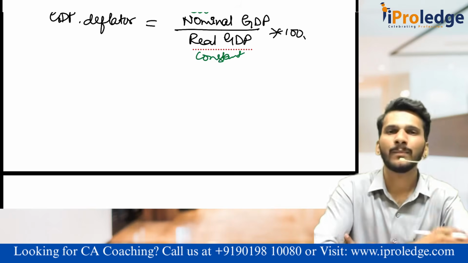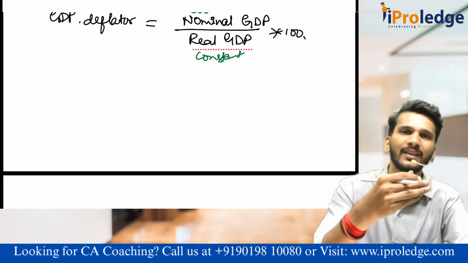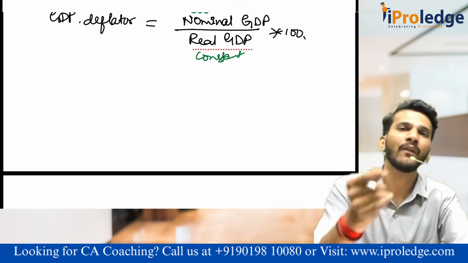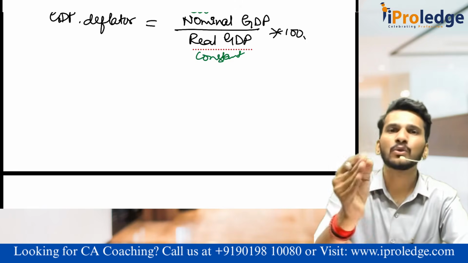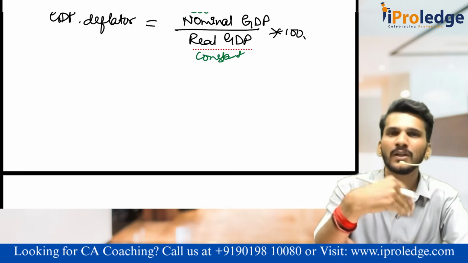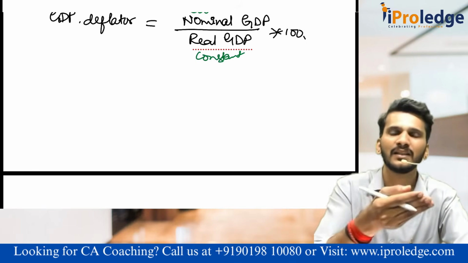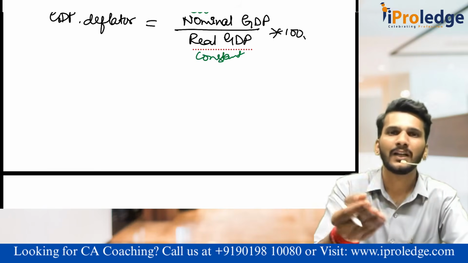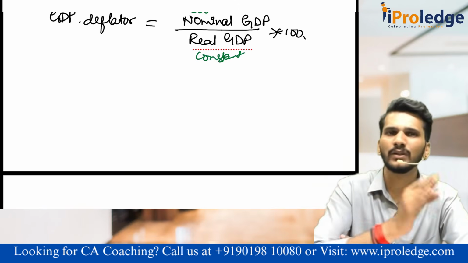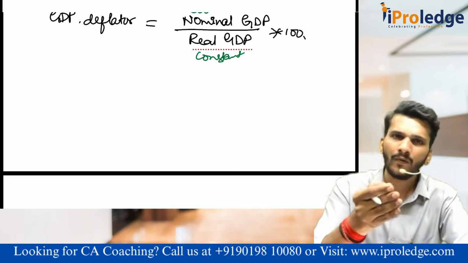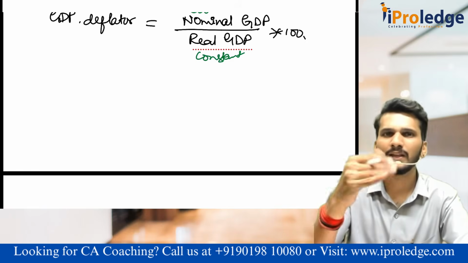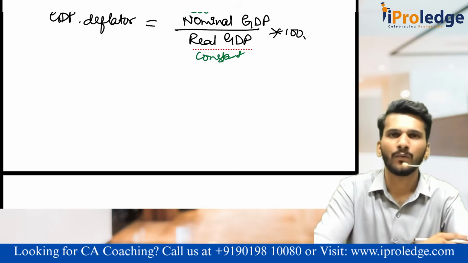Why does GDP not represent the true welfare of a country? Because it excludes so many transfer payments, self-consumption, those things. Limitations and challenges are, as I discussed, hidden goods, black market, black money, hawala money. You read it. After the end of this chapter, if there is any time, then we will try to cover it.